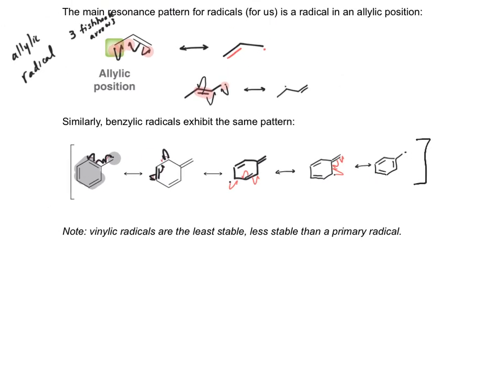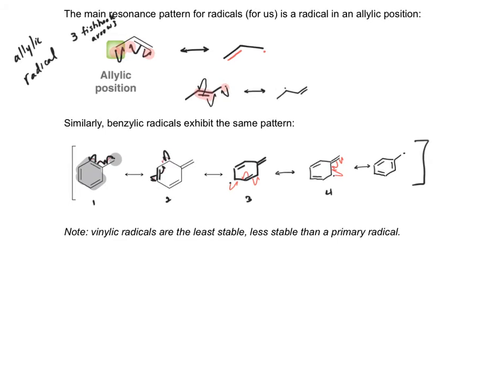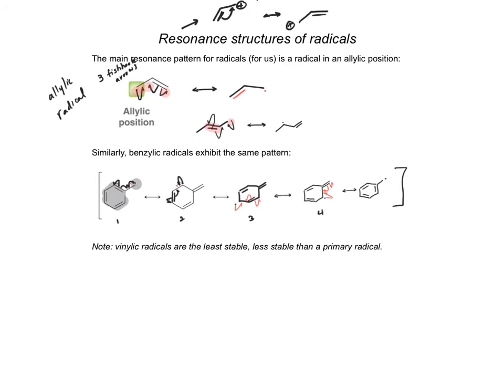Again, it's a similar pattern. It's just that now you get multiple different allylic radicals that can delocalize around the ring. Note how many different resonance structures we could draw for that. Overall, we had 1, 2, 3, 4, and then that end one just got us back. If we compare that to our allylic radical up here, we only had 2 different resonance structures.